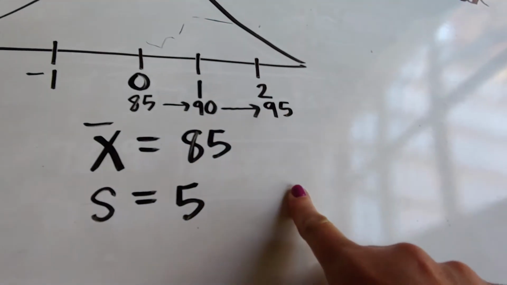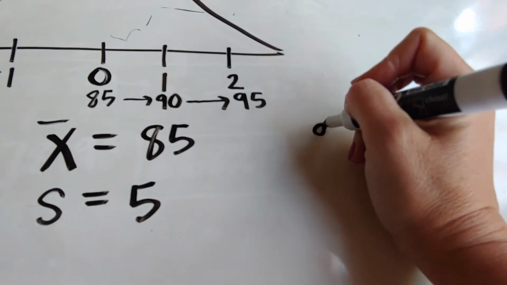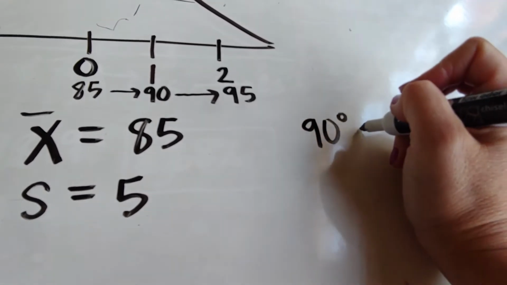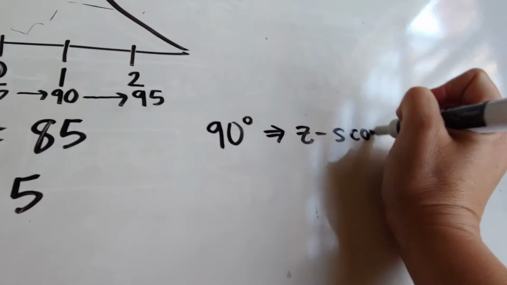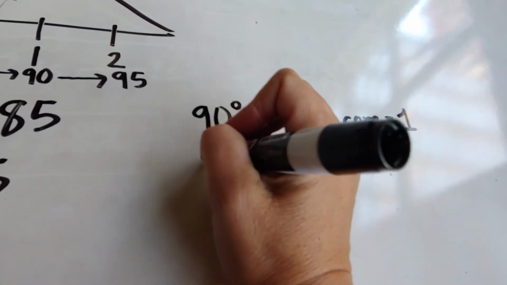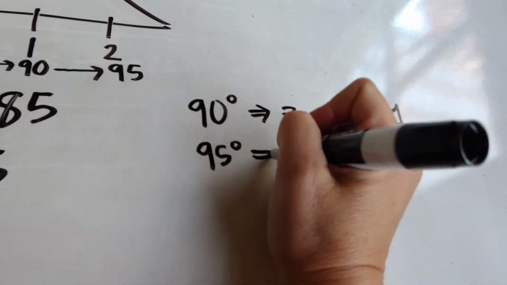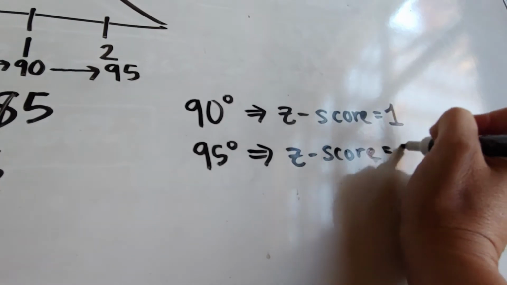If I relate this to z-scores, a temperature of 90 degrees is the same thing as having a z-score of 1, and a temperature of 95 degrees would be the same as a z-score of 2.